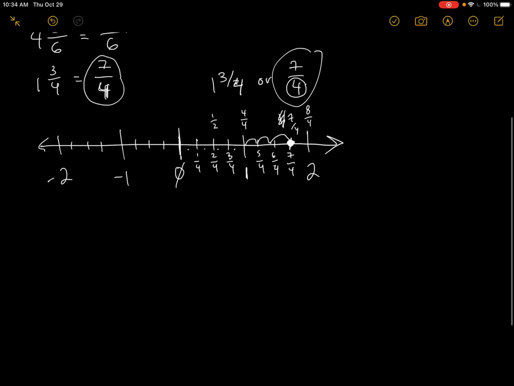Okay, so let's graph -5/4 on the same one. So then we have -1/4, 2/4, 3/4, 4/4, 5/4 right here. So this is -5/4. That's our second point. Okay, so we're just graphing these points on a number line.